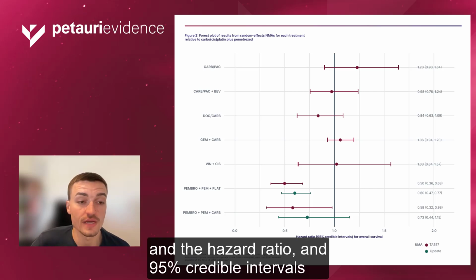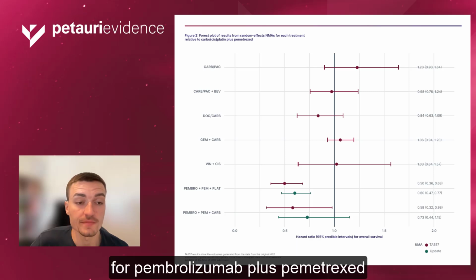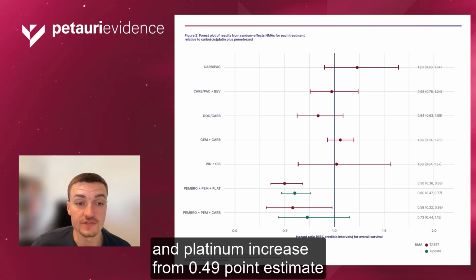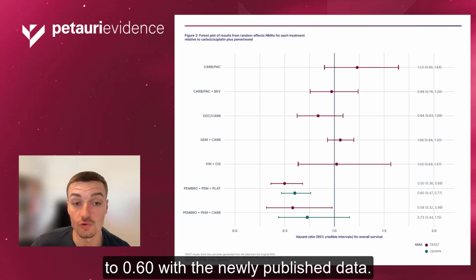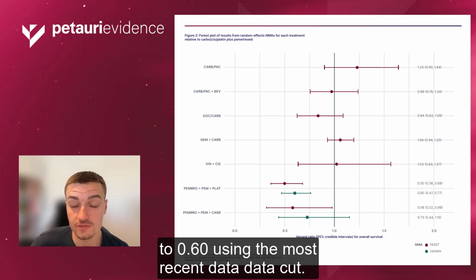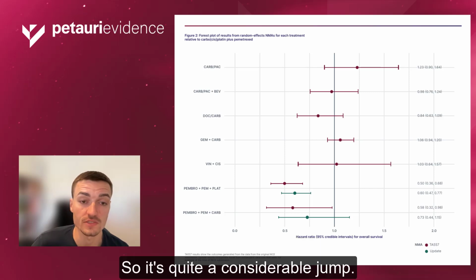And the hazard ratio and 95% credible intervals for pembrolizumab plus pemetrexed and platinum versus placebo plus pemetrexed and platinum increased from 0.49 point estimate to 0.60 with the newly published data. So a 0.49 estimate in the original NICE submission to 0.60 using the most recent data cut. So it's quite a considerable jump.